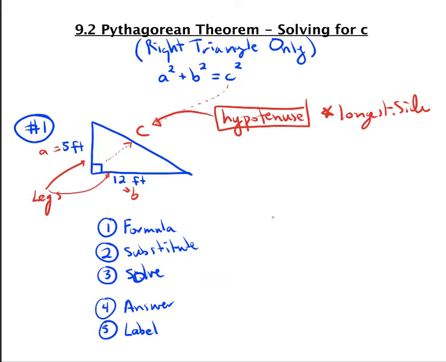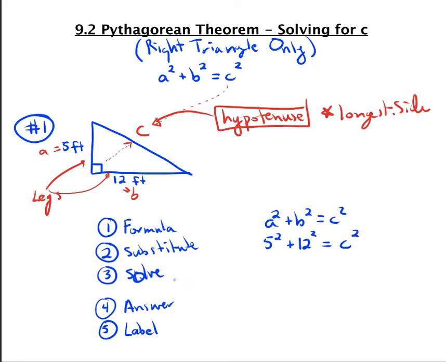So formula: it's a right triangle, so I'm going to write down my formula for the Pythagorean theorem. A squared plus b squared equals c squared. I will substitute, so I said a is 5, so I'll substitute 5 in for a squared. B is 12 squared, and c is what we're solving for.